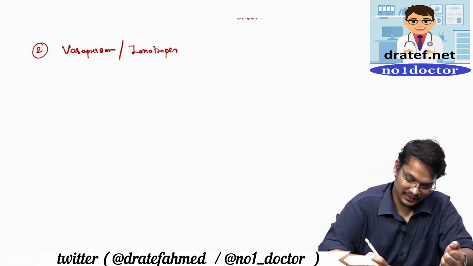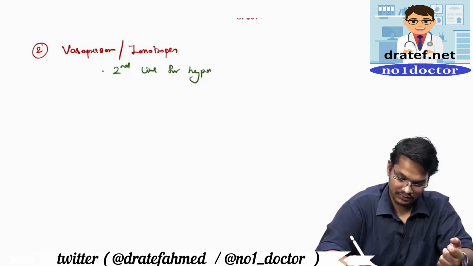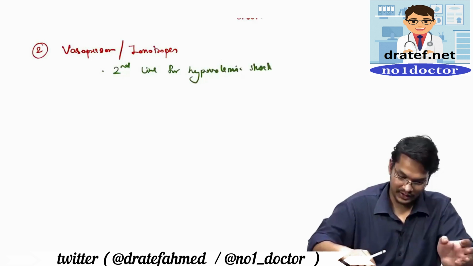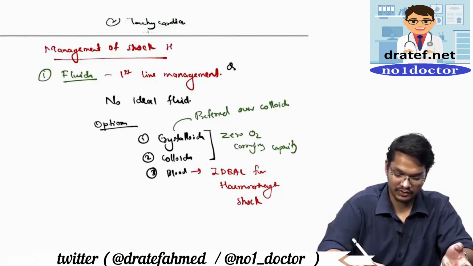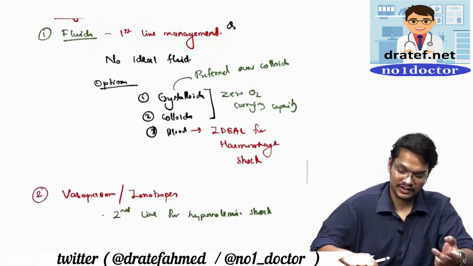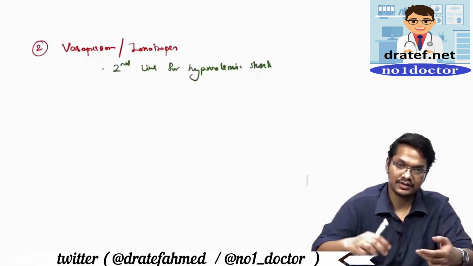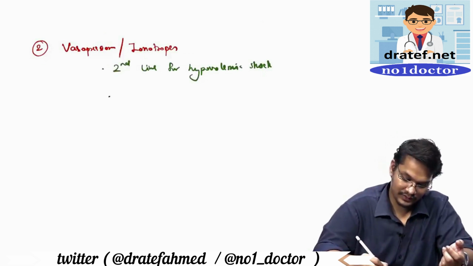So vasopressors and inotropes are the second line drugs, second line for hypovolemic shock. Now, one thing: the management of shock which we are talking about is essentially for hypovolemic shock, not the other kinds. So the first line was fluids, the second line was vasopressors.